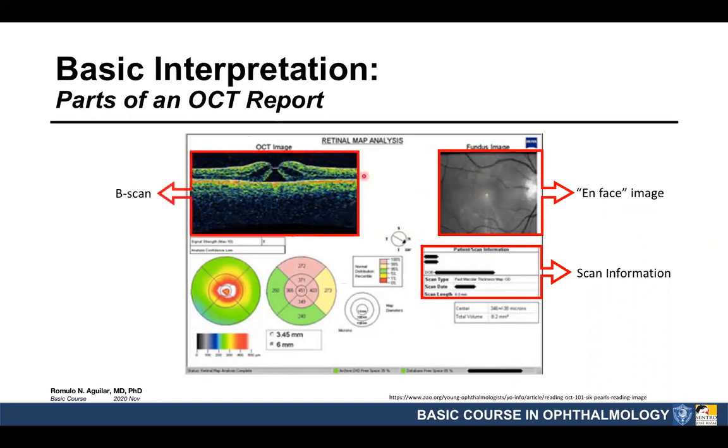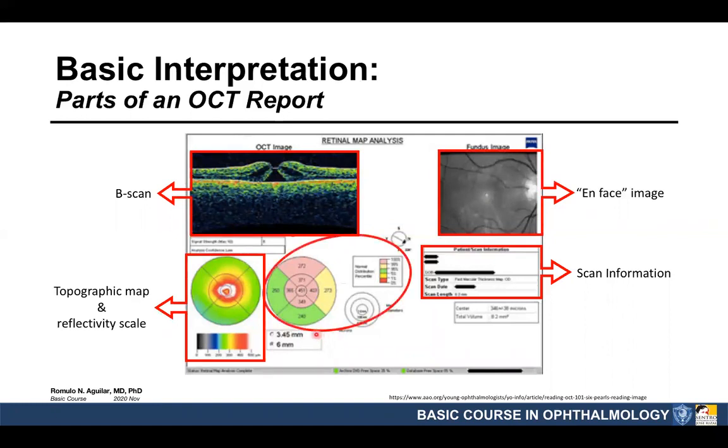Here is the B-scan picture. This one is the topographic map. It gives you an idea of the elevations and depressions, much like a topography of land. So this is the reflectivity scale. Again, red and white would denote thick areas, like here, because it's thick.